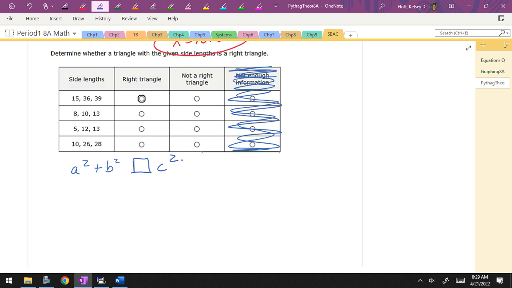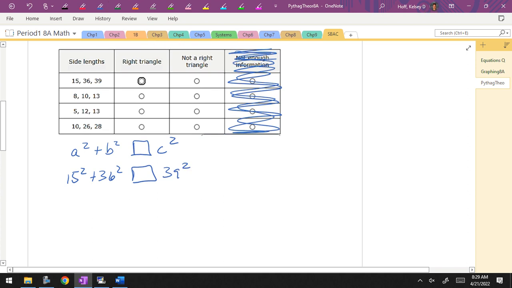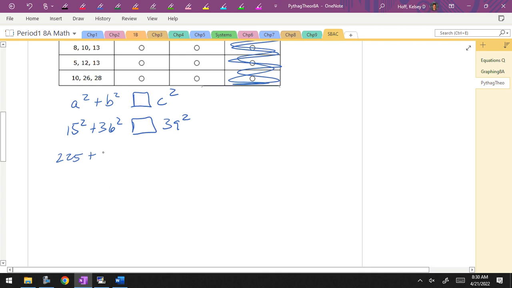Okay, so if we take this first one, what am I putting in for A? 15 squared plus 36 squared. Put a box, 39 squared. 15 squared is 225. 36 squared is 1296. 39 squared is 1521.